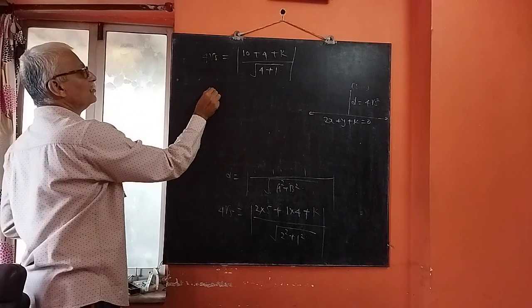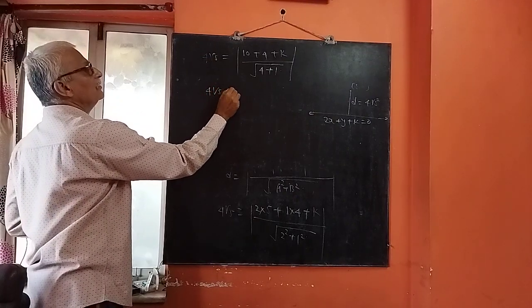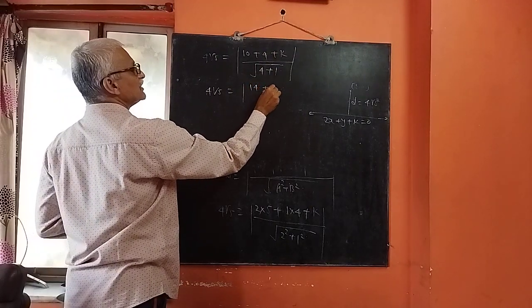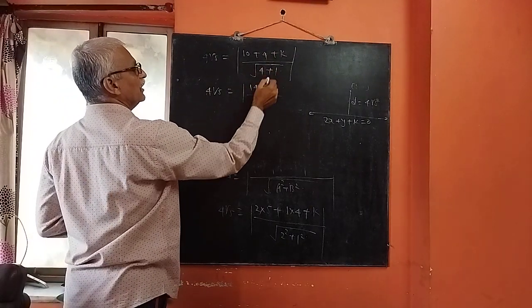We'll get 4 root 5 is equals to mod of 10 plus 4, 14, plus k upon root 5.